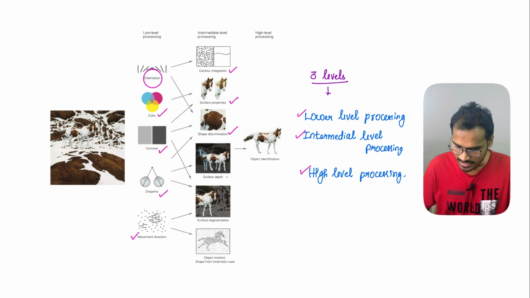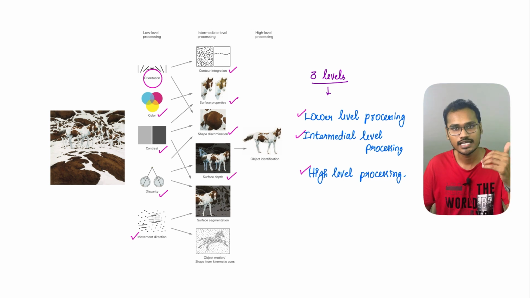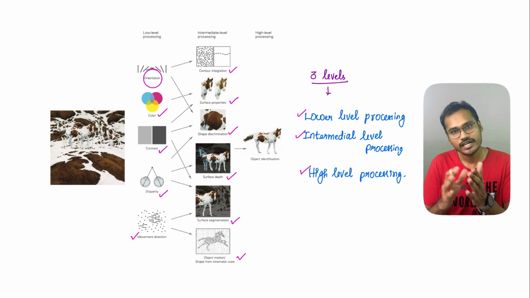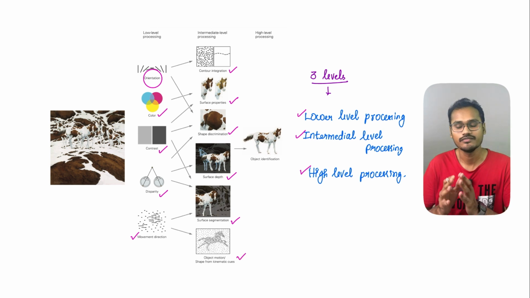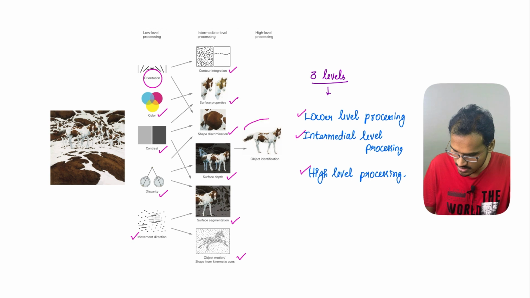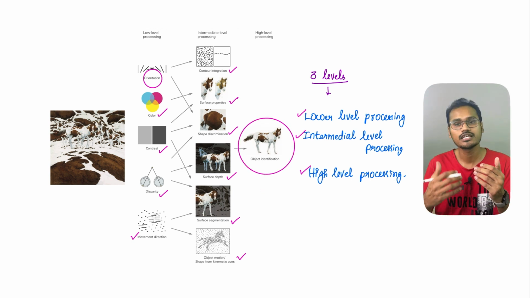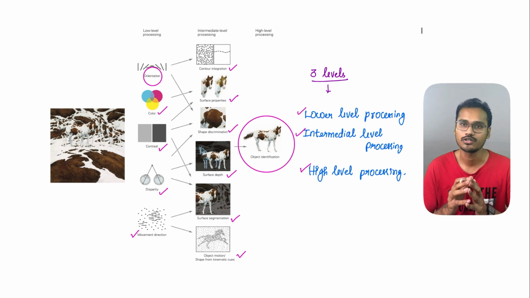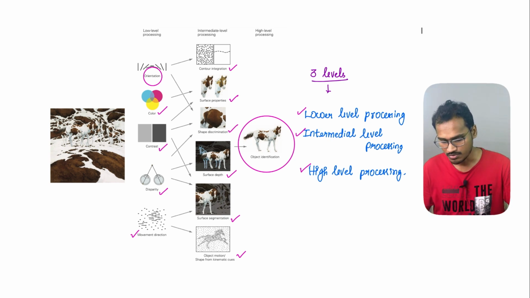And surface depth, a further enhancement of depth perception, and surface segmentation and object motion can also be done. And finally, the higher level of processing will help us identify what that particular object is. The higher level will have other association cortices also, where it can bring the meaning out of that particular image. So that is object recognition.